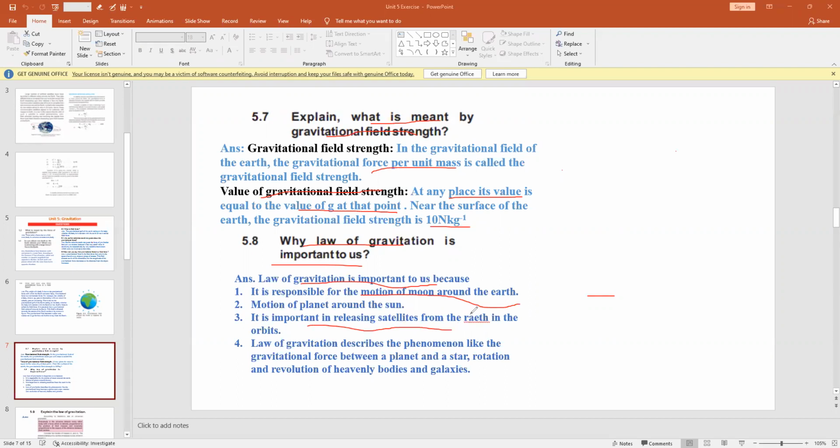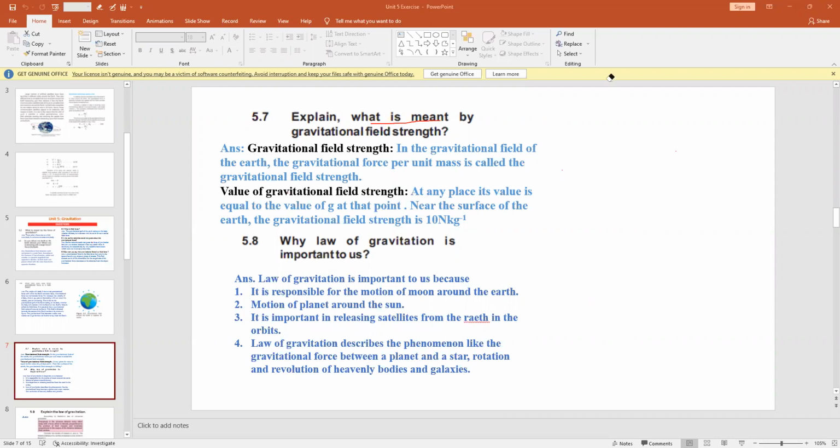This is the earth, correct the spelling, EARTH, this is the earth in the orbit. The fourth one is that the law of gravitation describes phenomena like gravitational force between a planet and a star, rotation and revolution of heavenly bodies and galaxies. So this is the answer of question 5.8.